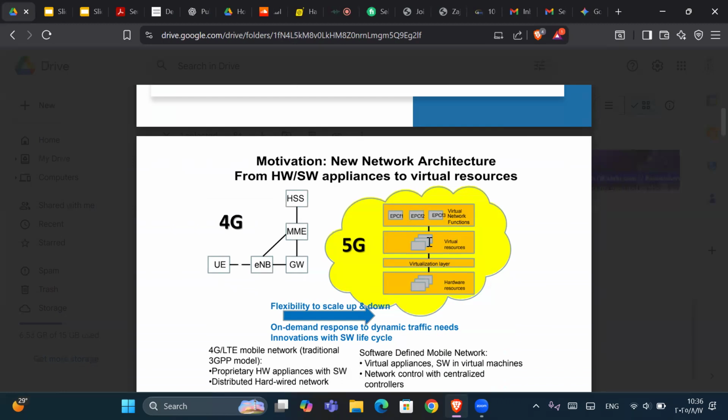In 5G, on the other hand, there is kind of modular structure where you have the hardware resources, which are generic, and then we have softwareization or virtualization layer, and this divides the resources, splits them based on the requirements of the applications using these resources. And we have virtual network functions like EPC1, EPC2, and so on.